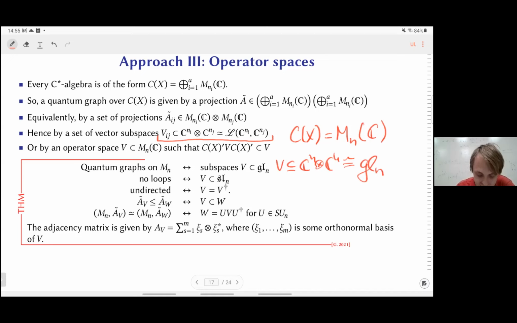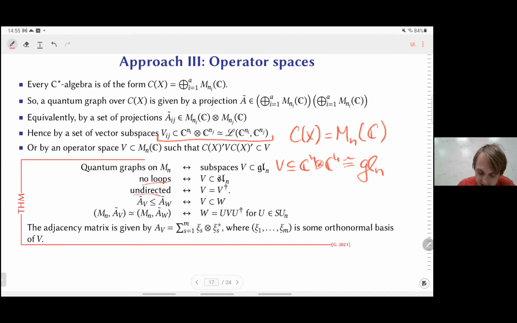Also using Lie algebras is convenient because the condition for no loops is that those linear maps have trace 0, so those are actually inside sl_n.